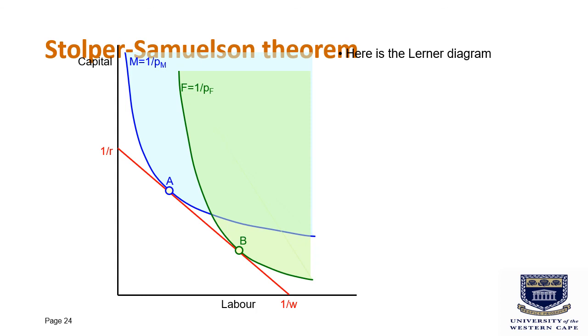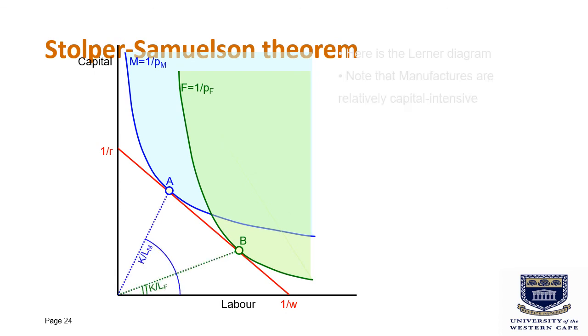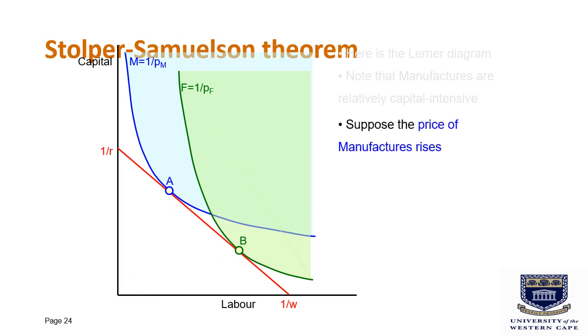So here we are with the Lerner diagram, and we're looking at the Stolper-Samuelson theorem. We have manufacturers, which is a relatively capital intensive good, and we have food, which is a relatively labor intensive good. Now we're going to assume the price of manufacturers increases, and when that increases, the isoquant has to shift inwards to ensure that the value cost remains 1.